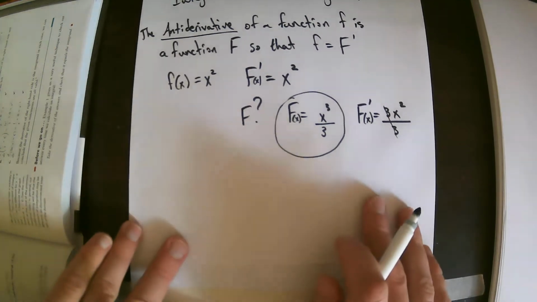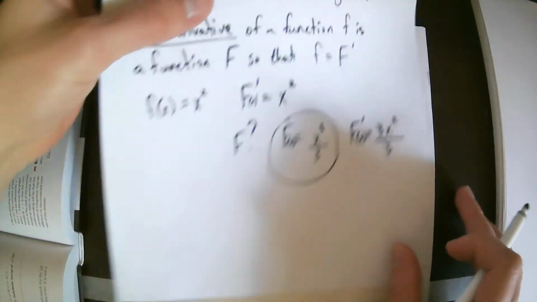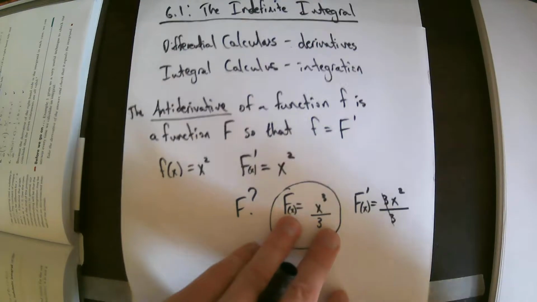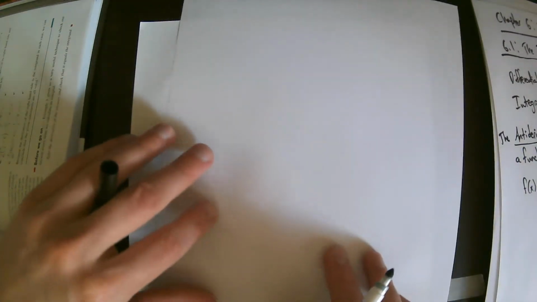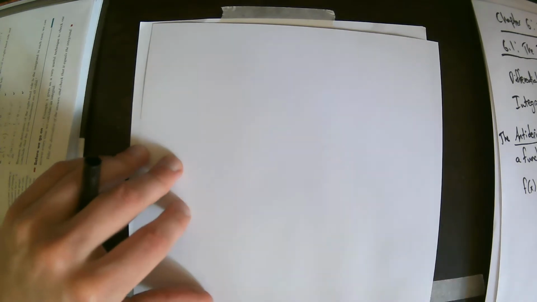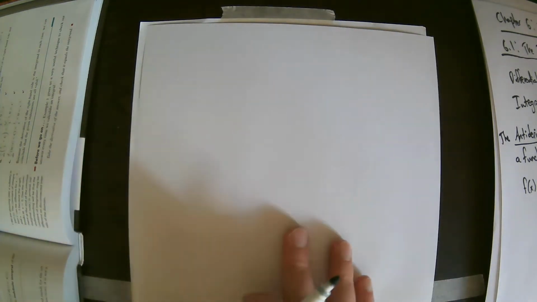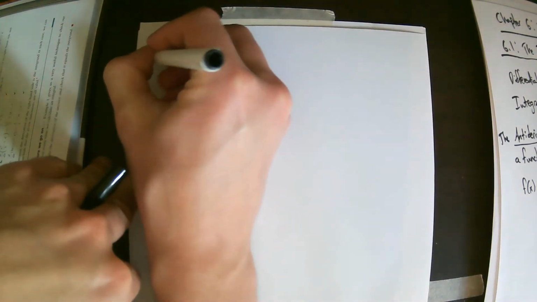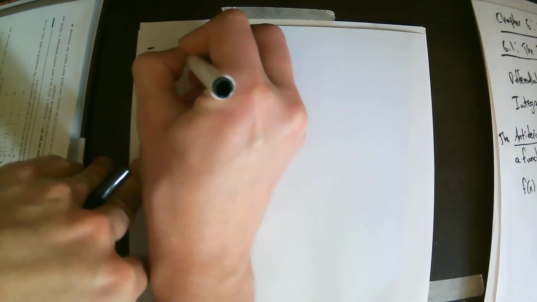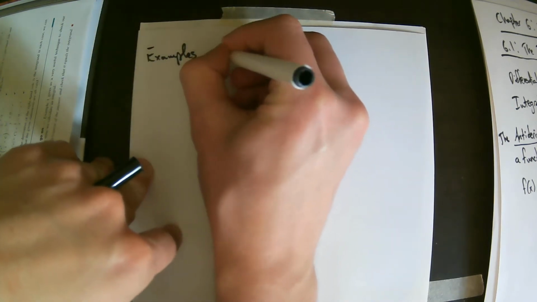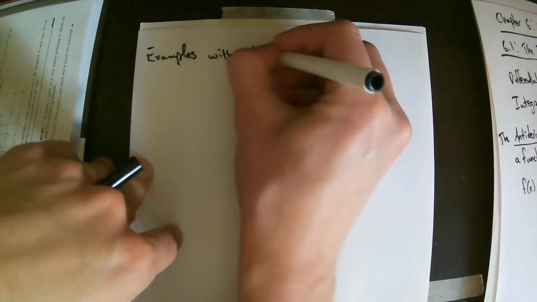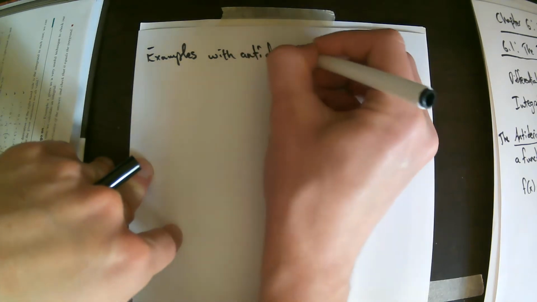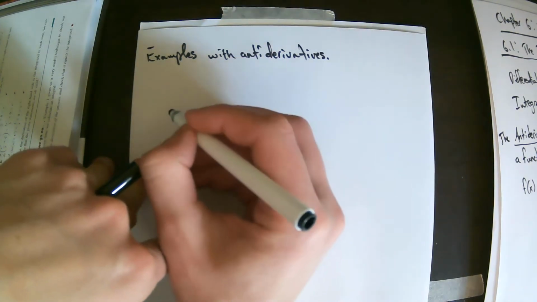Okay. Let's do another example. Just some short little examples, because we're actually going to define some rules that will make finding antiderivatives easier. So let's do examples with antiderivatives.